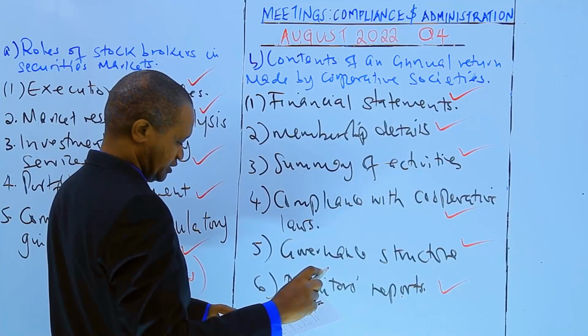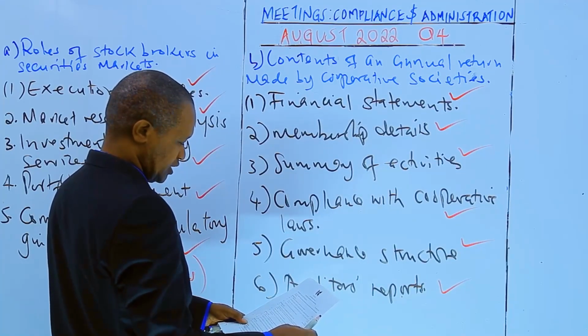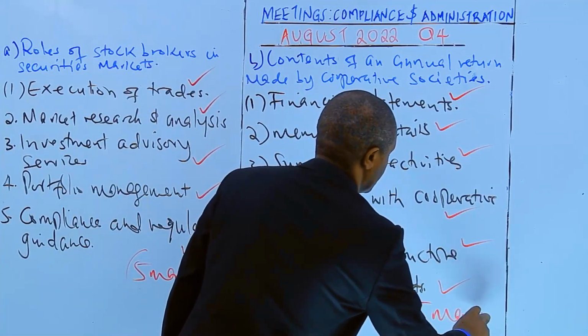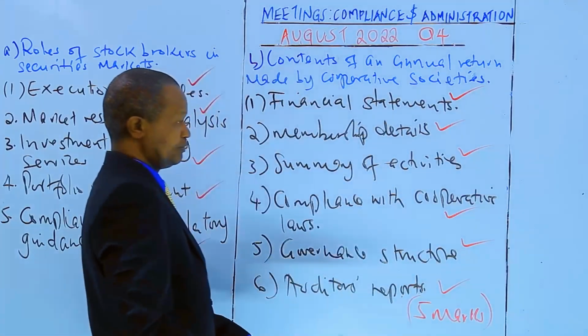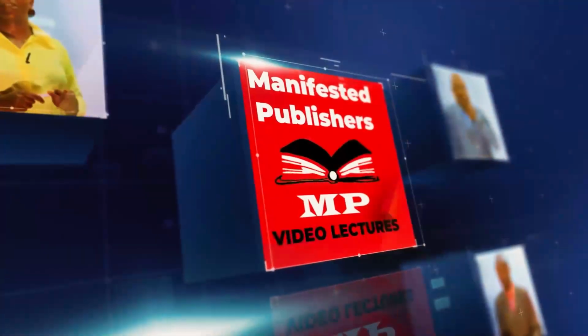These are 6 contents, but I see the examiner awarded 5 marks. The examiner awarded 5 marks for the 6 contents.